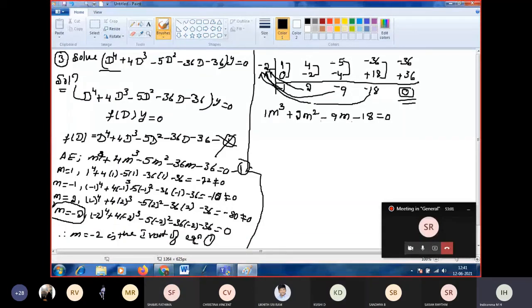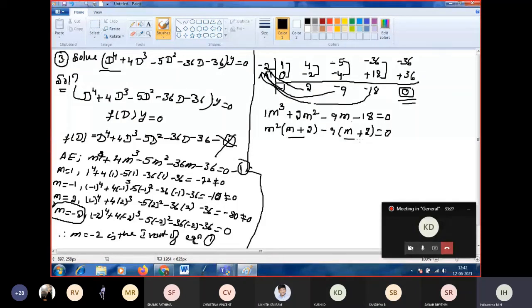Okay. So, if it is possible to factorize, you factorize it. Is it possible to factorize? Yes ma'am. So, take m square common. What are you left with? m plus 2. Here take minus 9 common. What are you left with? m plus 2. So m plus 2 equal to 0.